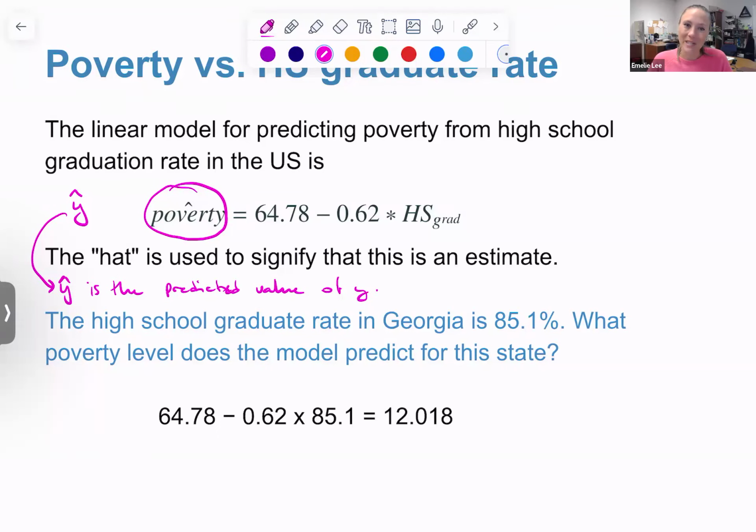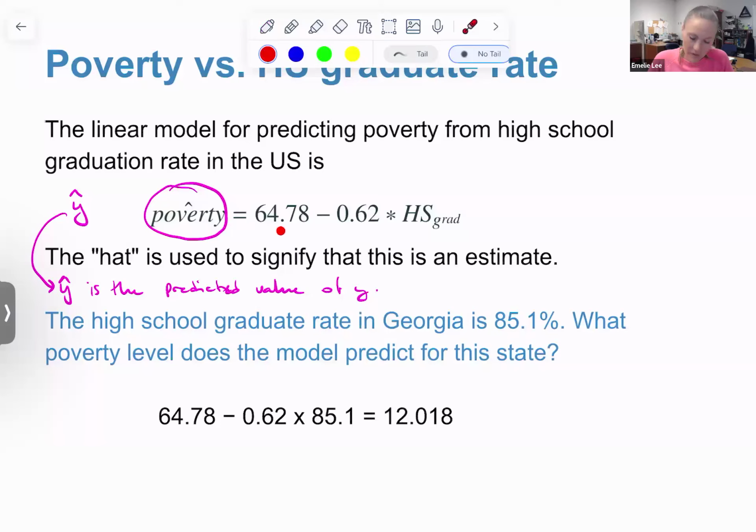But in this case, context will tell you that this is a regression question that has nothing to do with p hats anymore. And so now the hat makes it a predicted value.